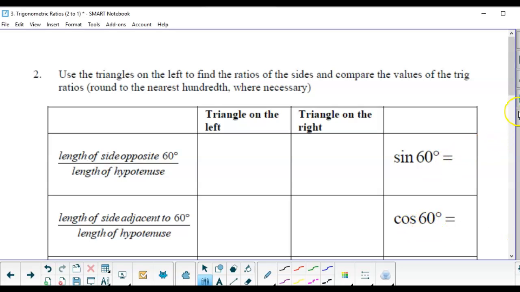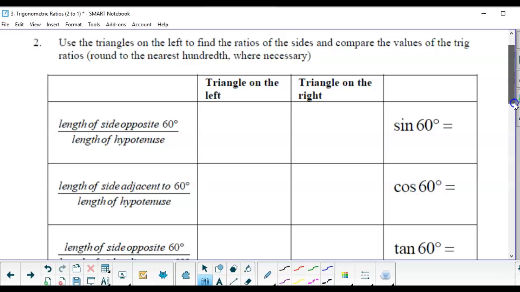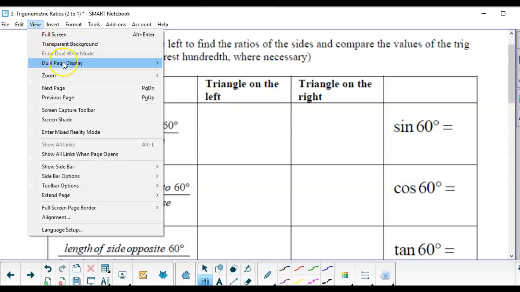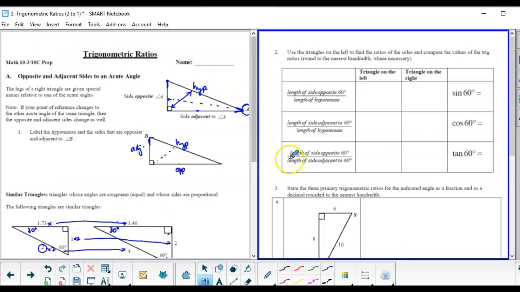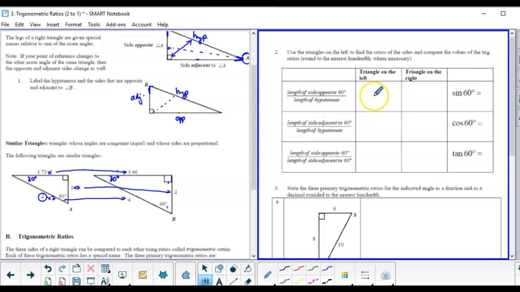So it says use the triangles on the left to find the ratios of the sides and compare the values of the trig ratios, round to the nearest hundredth. So I'm just going to do a dual screen here. Okay, so that you can look at these here. Ratios of the sides and compare the values.